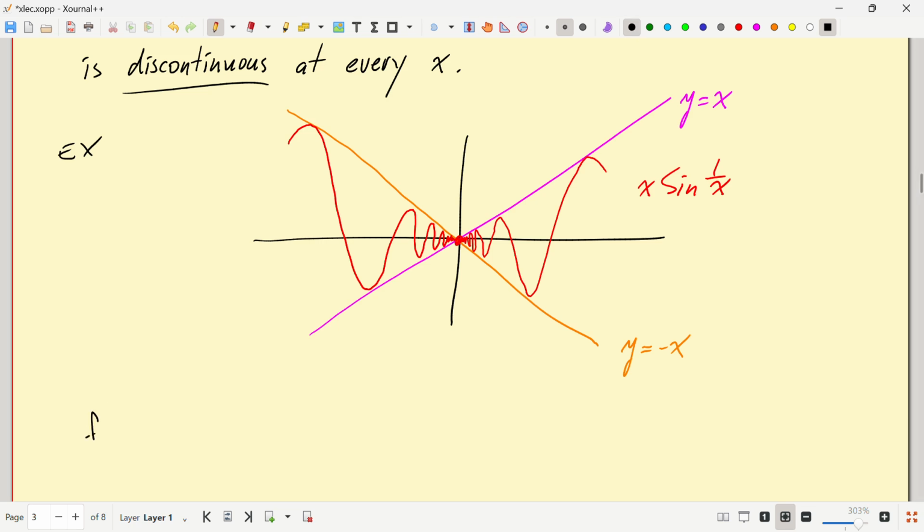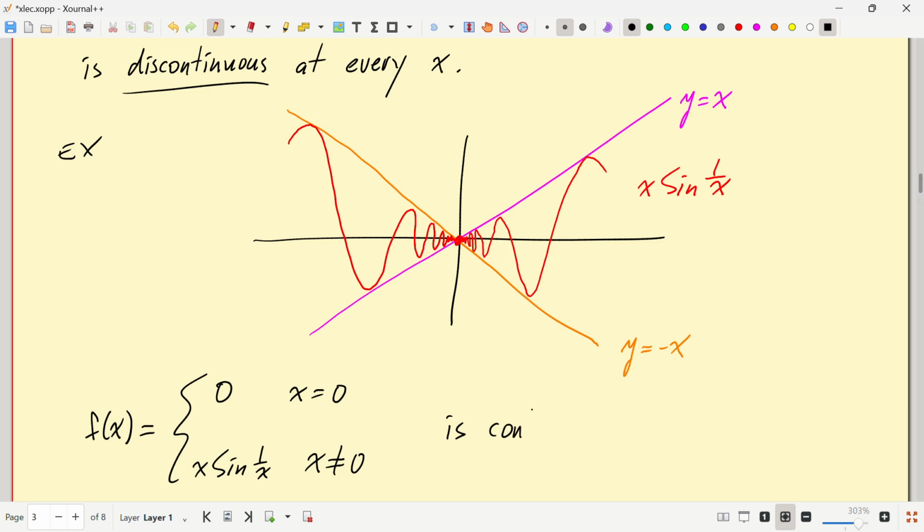So if I define f of x to be 0 at x equals 0, and x sine 1 over x for x unequal to 0, that's continuous on the whole real line, including at 0. And of course, it would be dumb if I defined it to be up here at 0, because it wouldn't hook up right.